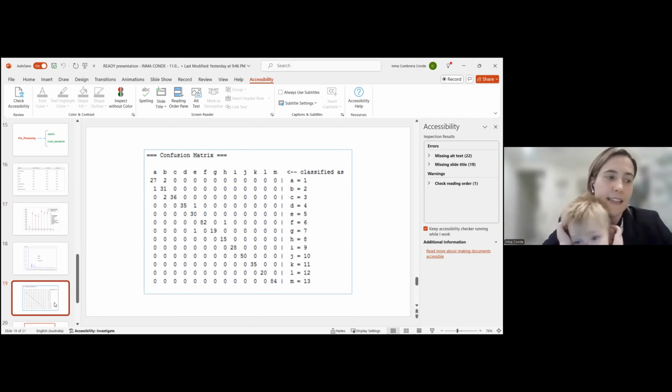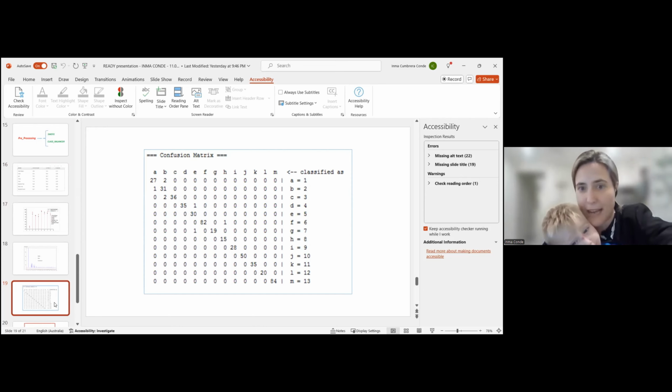And in column C, there were 36, so all were correct. The elements of the main diagonal, A1, B2, C3, D4, are true positives, while the elements outside the main diagonal are those that have been misclassified and appear as false positives, as you can see in A2.